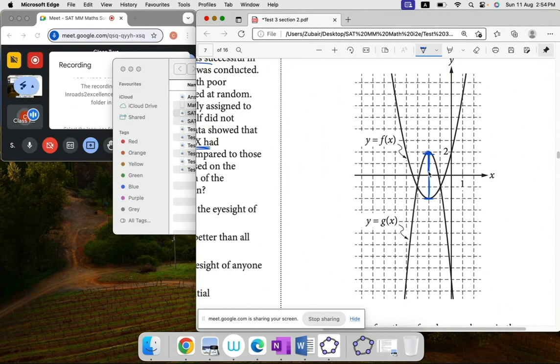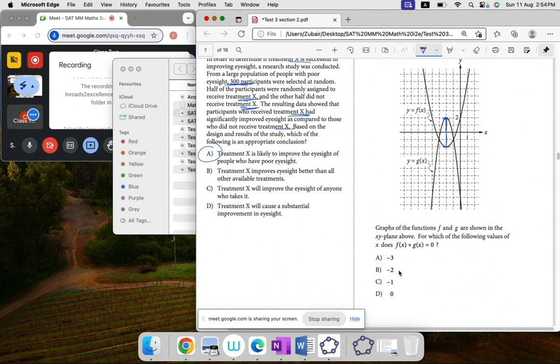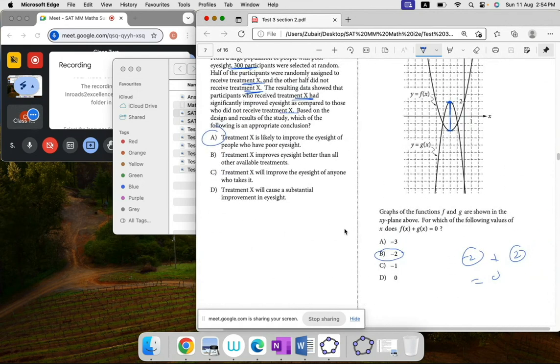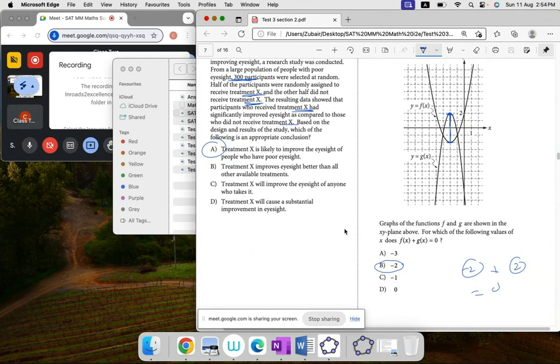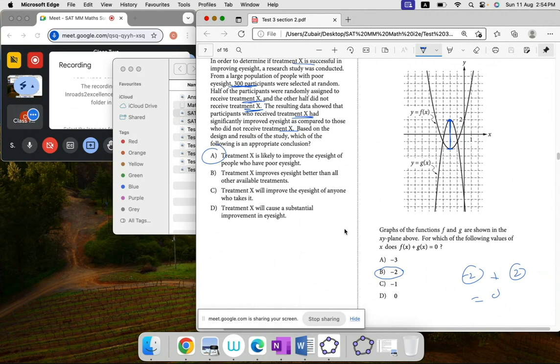So if we add these values, we will get 0. So that is 1, 0, -1, -2. So x is -2. At x equals -2, f of x has a value of -2 and g of x has 2. So when you add them, you get 0. But oh, okay. I misread the graph for a second. Yeah, I see.